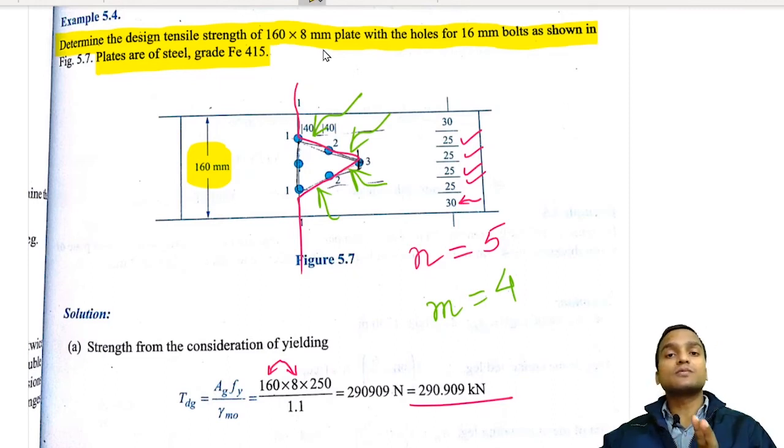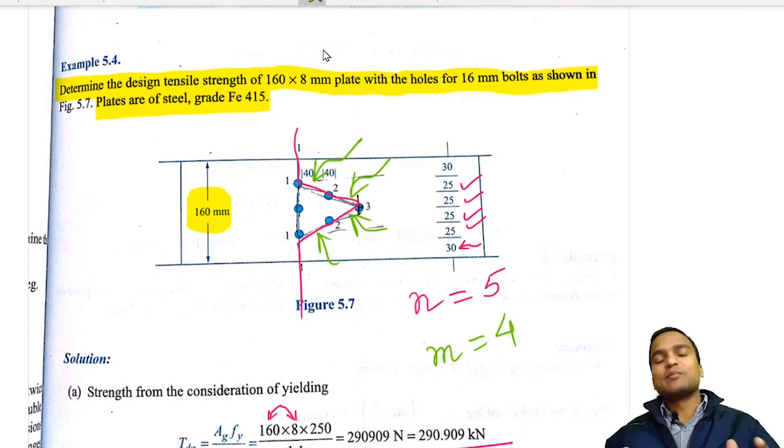Only in the case of chain pattern of bolting do you have to consider block shear failure. If you have used a staggered pattern of bolting, you do not need to worry about the block shear failure. But you have to do the calculation of net sectional areas in different critical sections in a staggered pattern of bolting. So this is the benefit of using a staggered pattern of bolting.